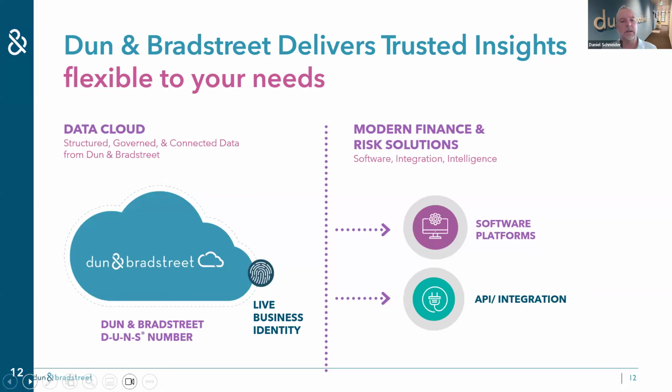Then some words about DNB data. As you can see here, and as I mentioned before, we now have 570 million companies in our database, and all this data is stored in a structured way in our data cloud. Also important to mention is that each company has an allocated DUNS number, which stays with the company for its lifetime.